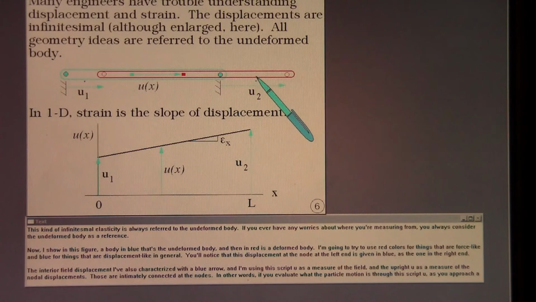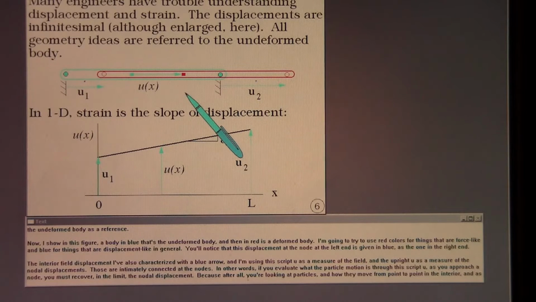I'm going to try to use red colors for things that are force-like and blue colors for things that are displacement-like in general. And so you'll notice that this displacement at the node at the left end is given in blue as is the one in the right end.